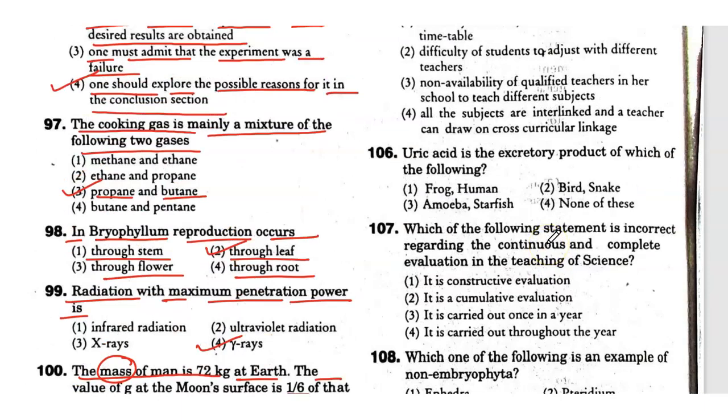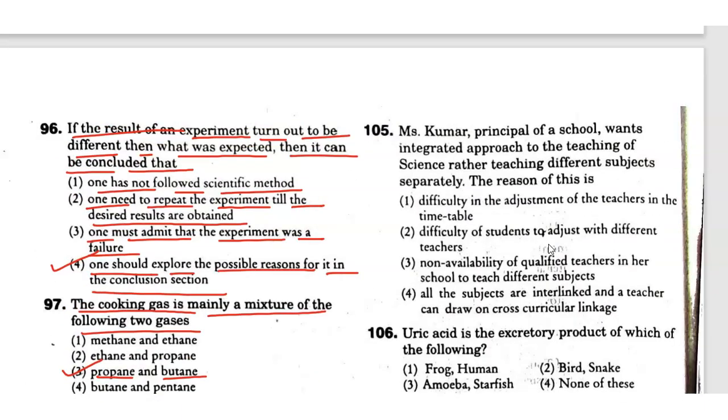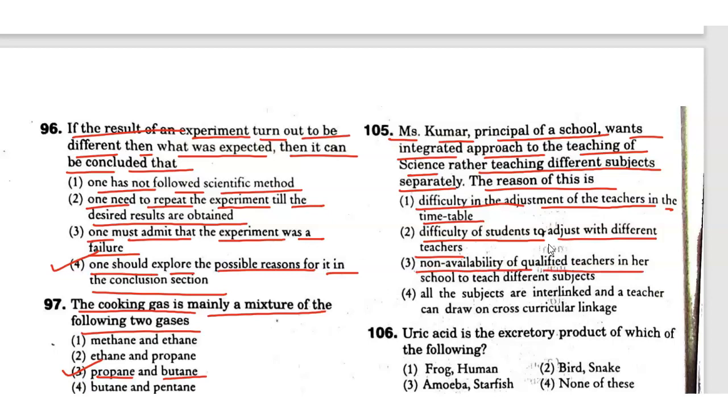Now 105, move to 105. Mr. Kumar, principal of a school, wants to integrate the approach to the teaching of science rather than teaching different subjects separately. The reason for this: difficulty in the adjustment of the teacher in the timetable, difficulty of students to adjust with different teachers, non-availability of qualified teachers in her school to teach different subjects, or all subjects are interlinked and the teacher can draw on cross-curricular linkage.